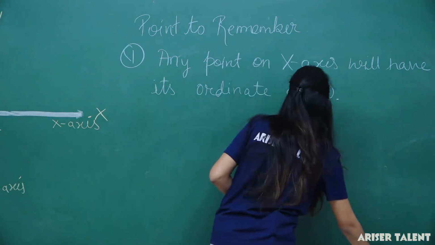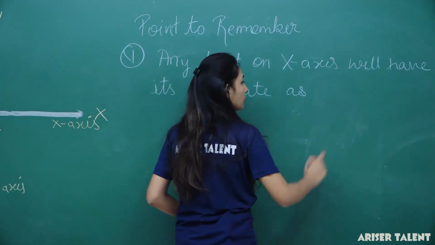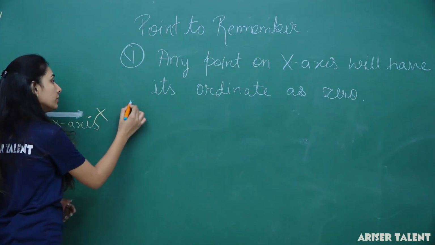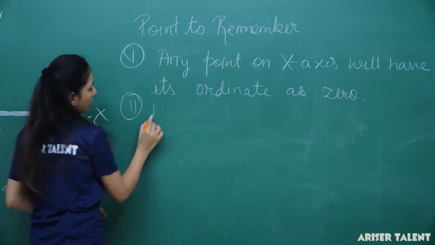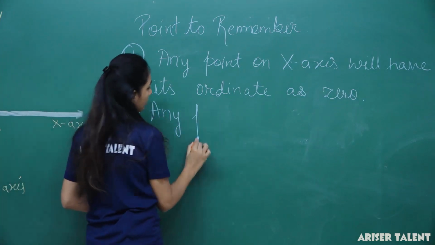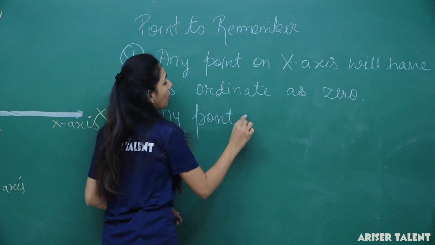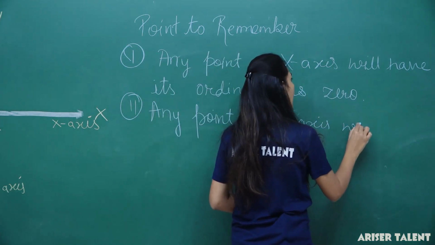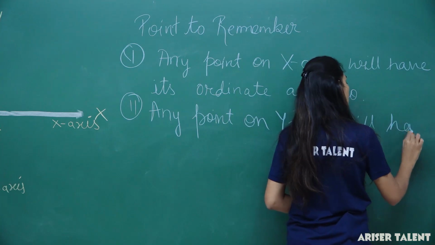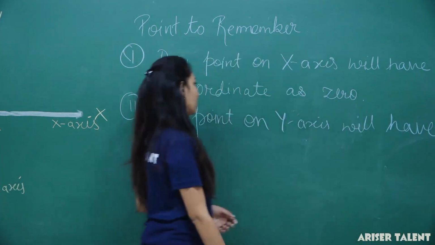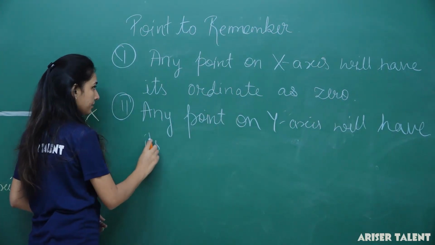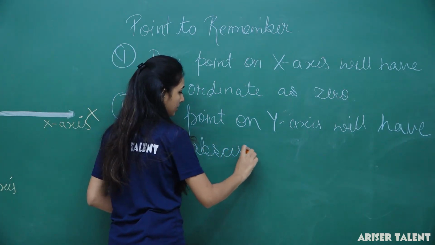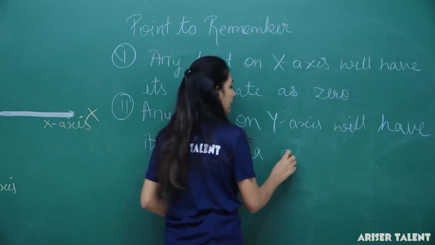Point number 2: any point on the y-axis will have its abscissa as 0.